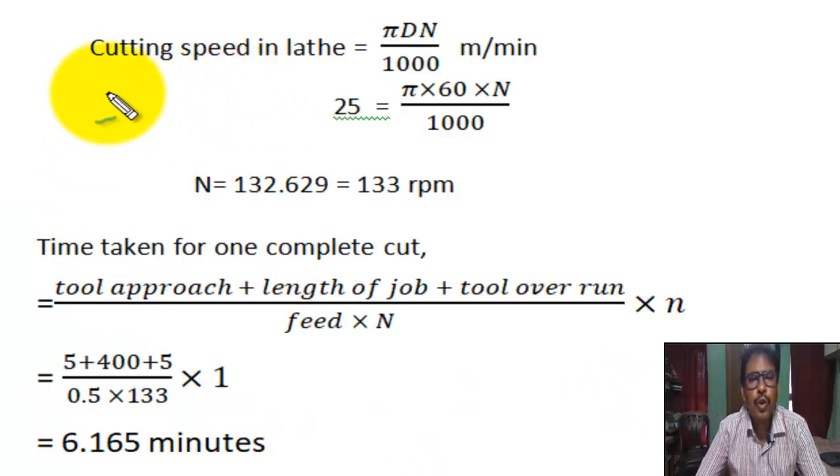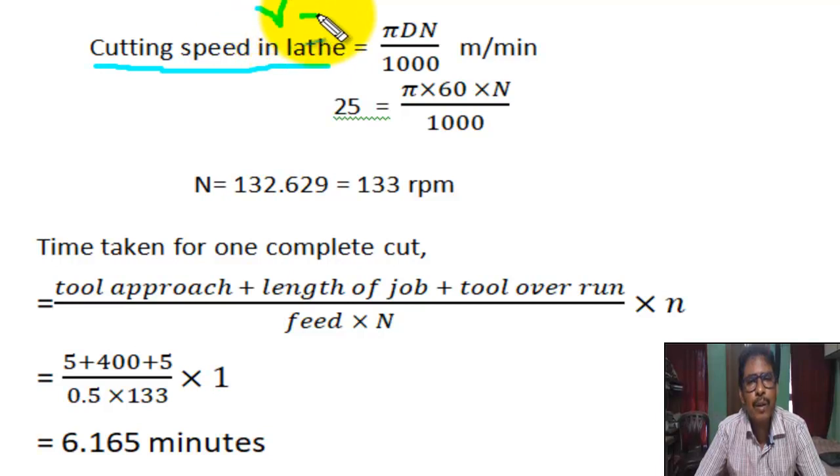Now we solve our problem. We know the cutting speed in lathe, V equal to pi D N by 1000 meter per minute. The unit of speed is meter per minute, but the diameter of the job is in millimeter, so divide by 1000.